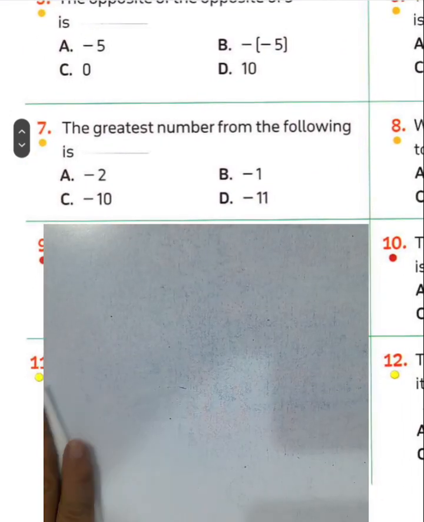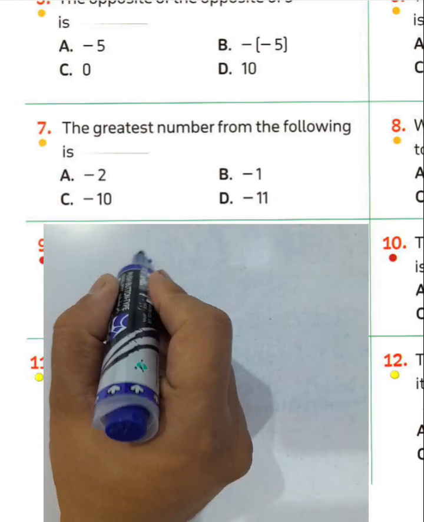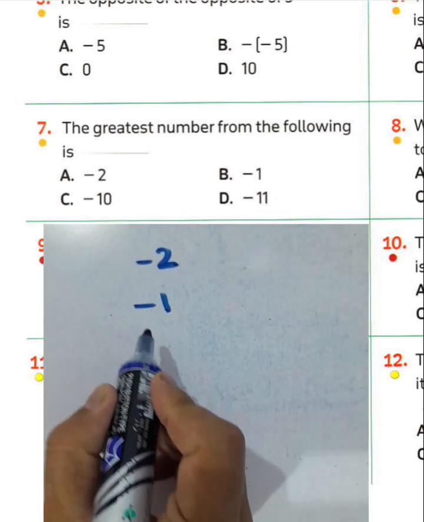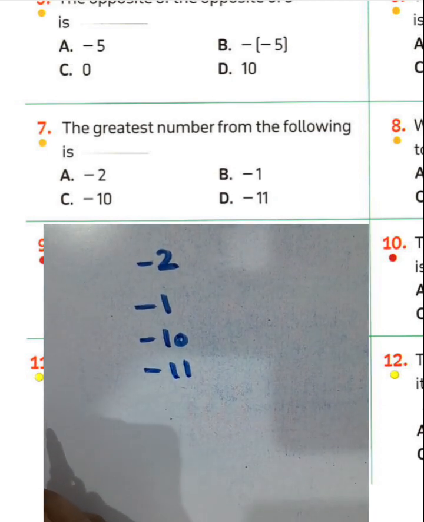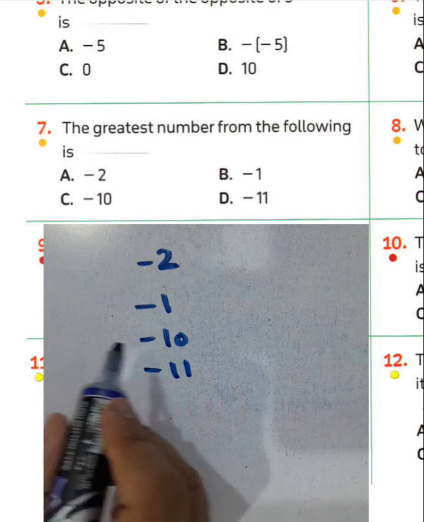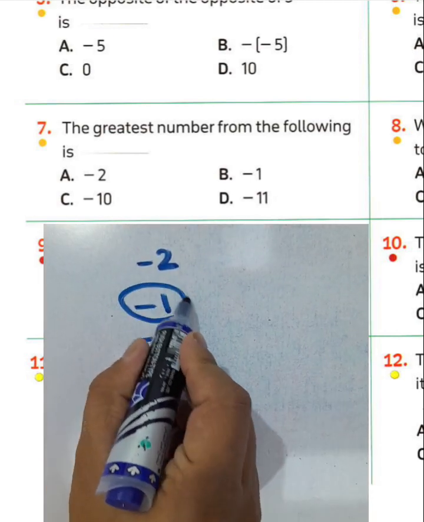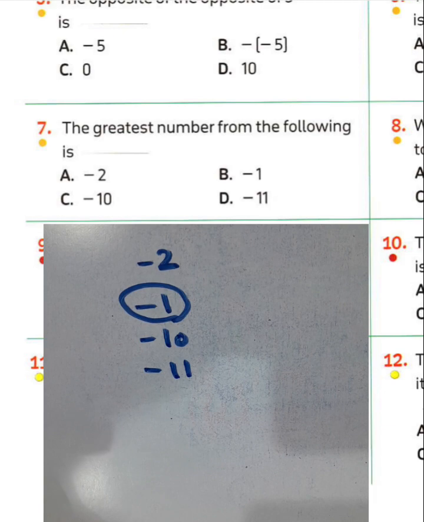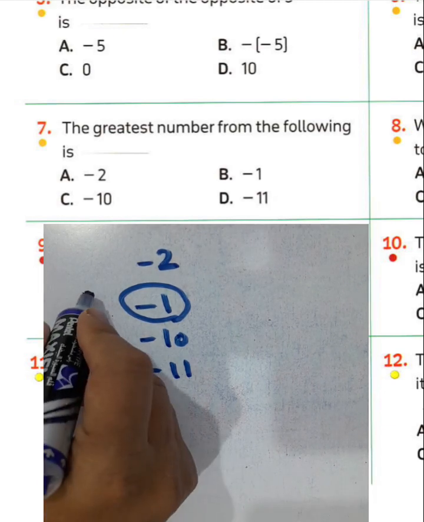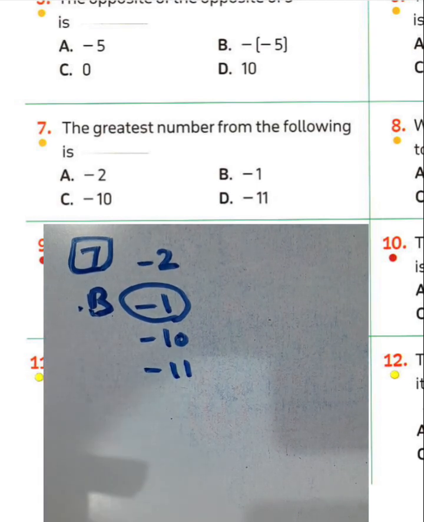The greatest number from the following: we have -2, -1, -10, -11. The greatest number is the one nearest to 0, which will be -1. Then -1 is the greatest number. Choose letter B for question number 7.